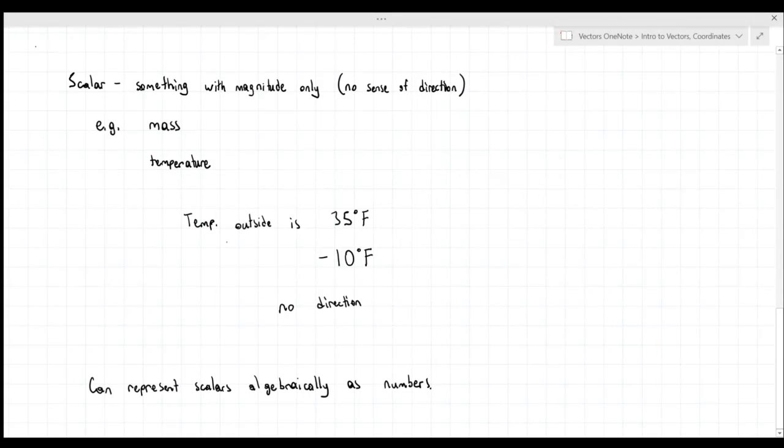For instance, when we're talking about temperature, we can just say it's 35 degrees Fahrenheit, negative 10 degrees Fahrenheit. To describe a scalar, we can just use a number, okay? What I'm going to talk about next is how we can represent vectors algebraically as well.